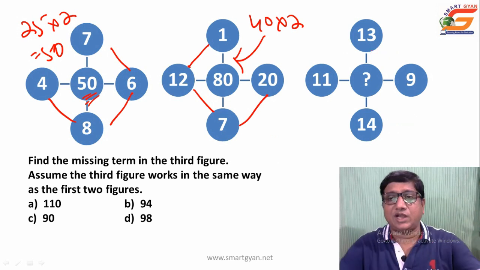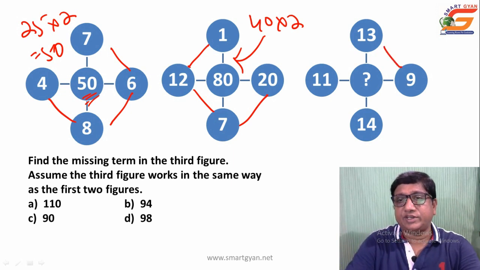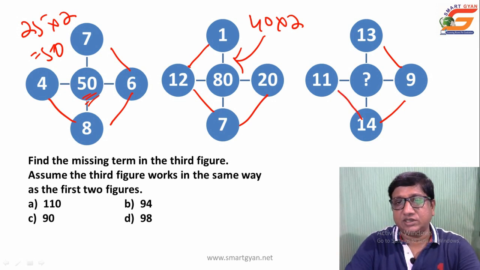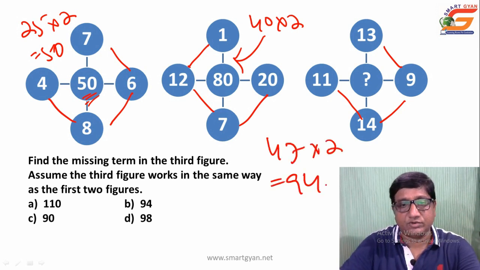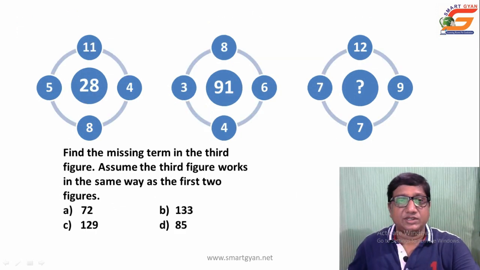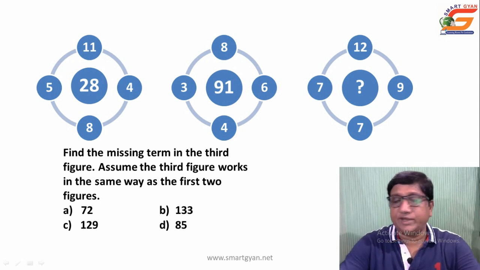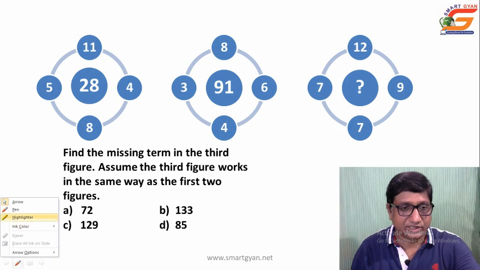Coming to the third figure, 13 plus 9 is 22, plus 14 is 36, plus 11 is 47. 47 into 2 is 94. Yes, 94, choice B.